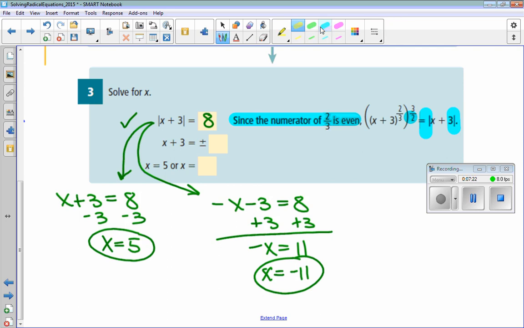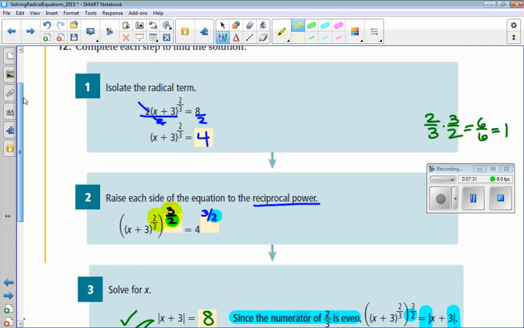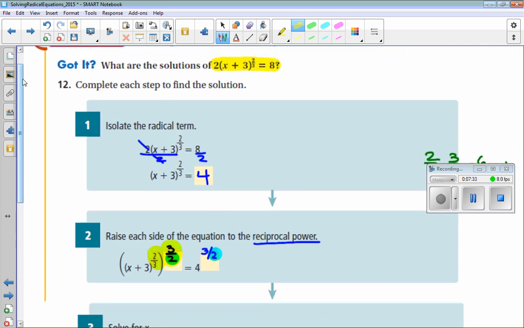Now we want to see whether or not either of those are extraneous solutions. So a quick way to check this, because it has an equal sign in it, is to plug the problem into the calculator. Don't you agree? I think we should. So let's plug the left-hand side as y1 and the right-hand side as y2. Let's go ahead and plug it in and see what you get.